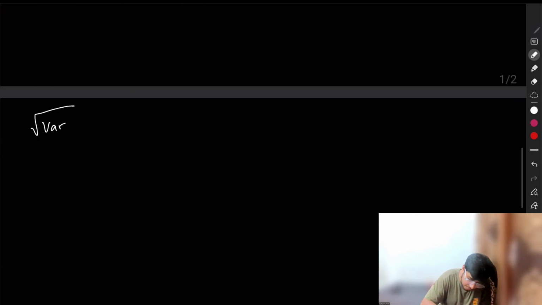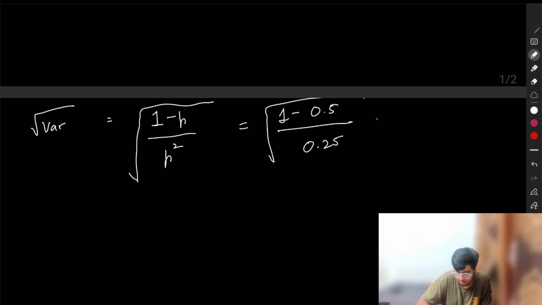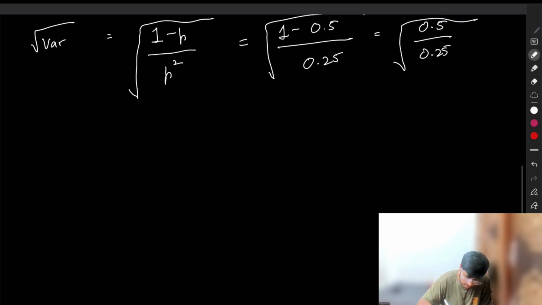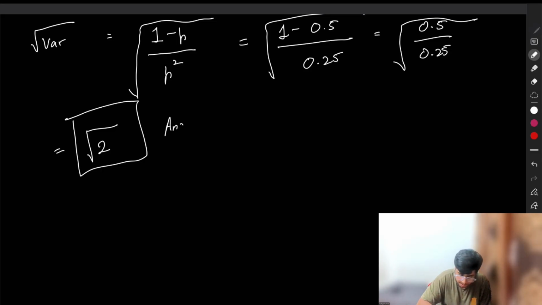So the standard deviation is the square root of (1 minus p) upon p square, which is the square root of 0.8 upon 0.04, which is equal to the square root of 20. So this is the standard deviation of our problem.